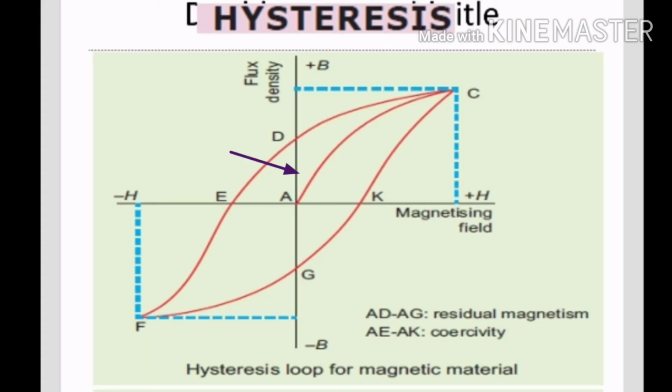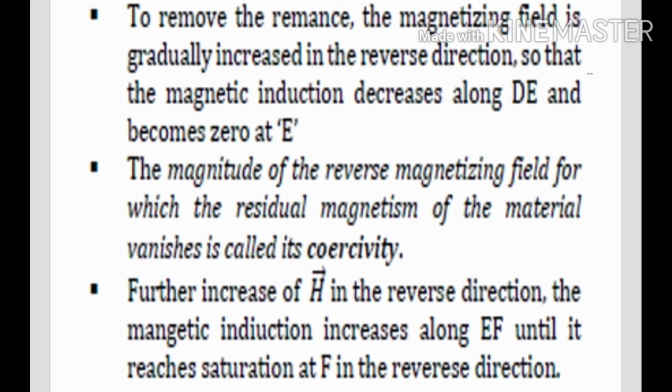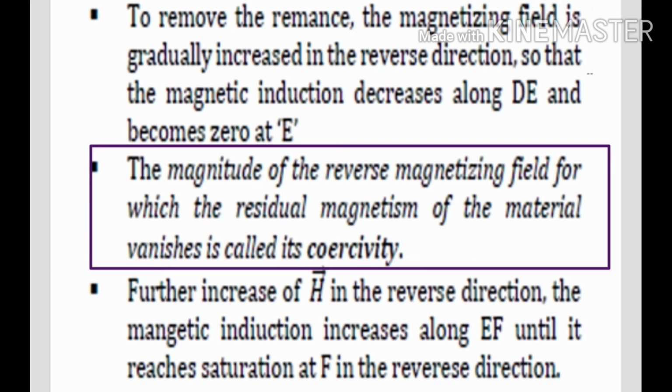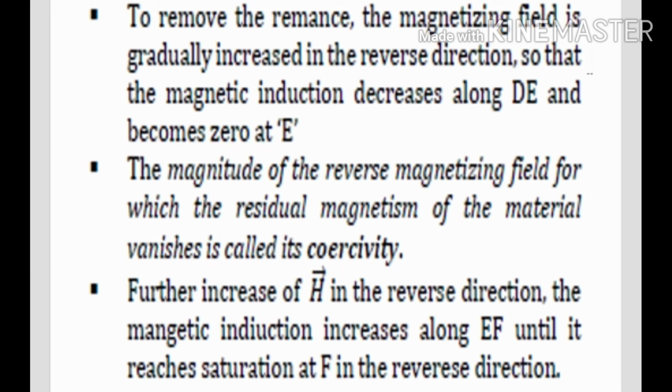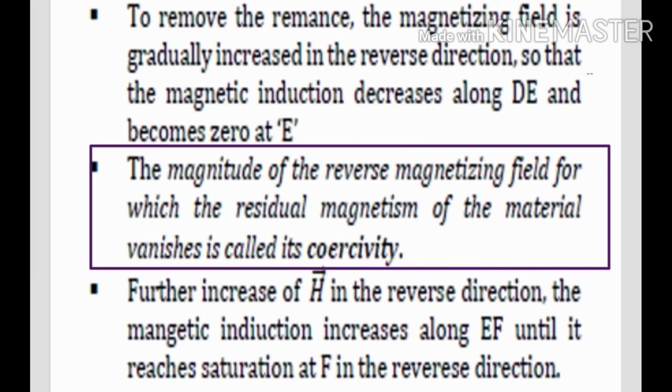In order to remove the remnants, the magnetizing field is gradually increased in the reverse direction so that the magnetic induction decreases along DE and becomes 0 at the point E. The magnitude of the reverse magnetizing field for which the residual magnetism of the material vanishes is called coercivity.